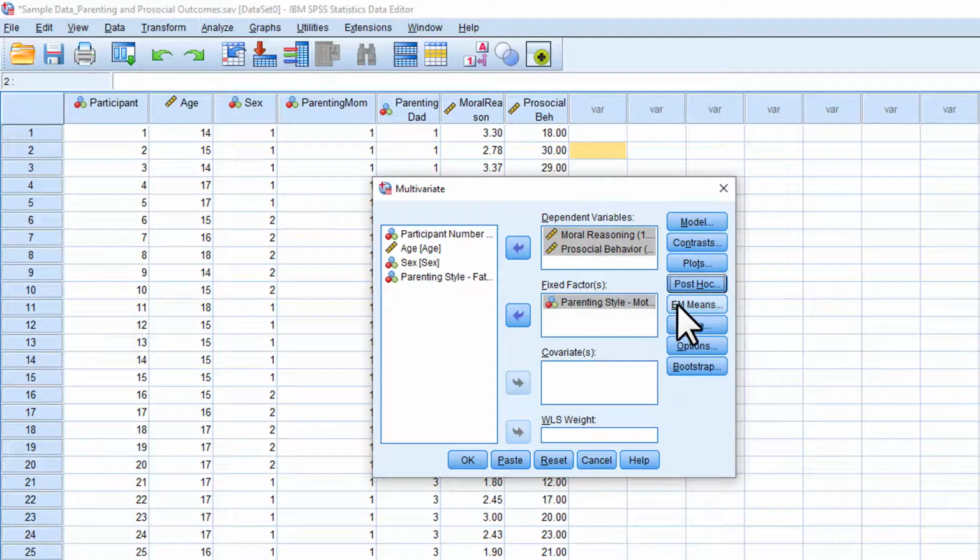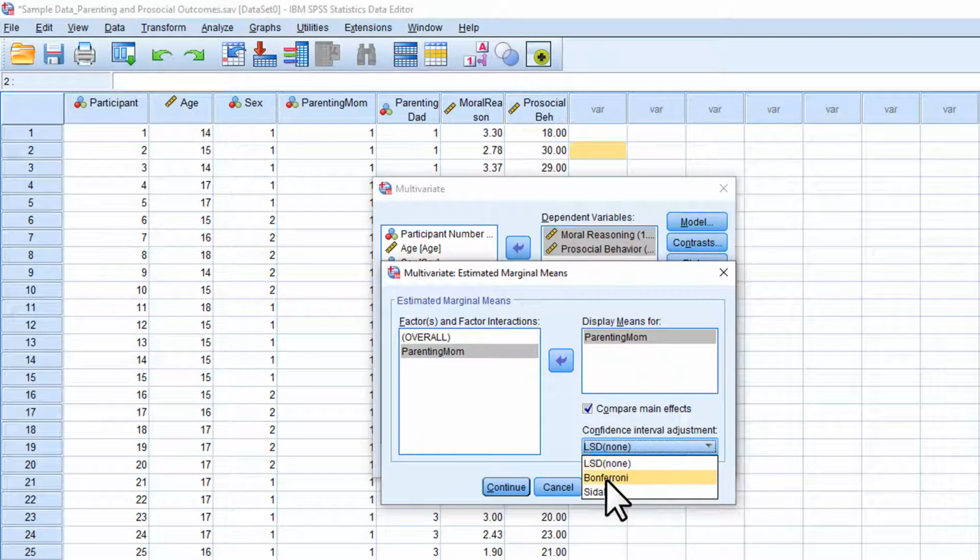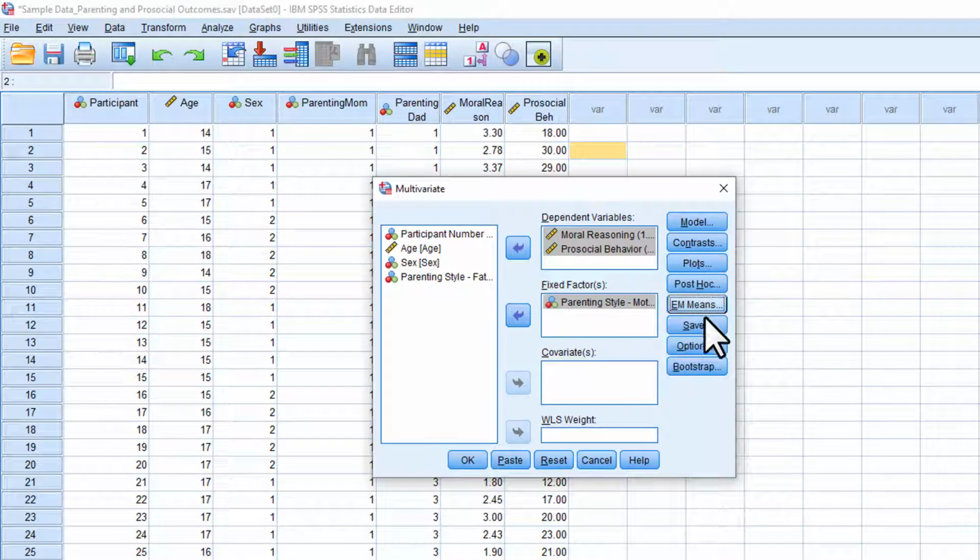Click Continue, and then for marginal means, we choose Bonferroni for comparing the main effects. And then, what else? I think that's it. And then click OK.